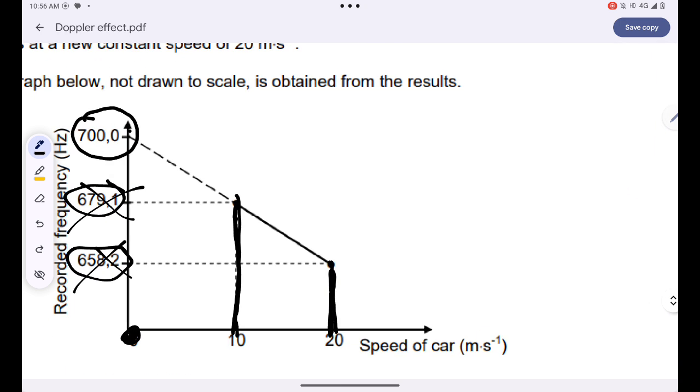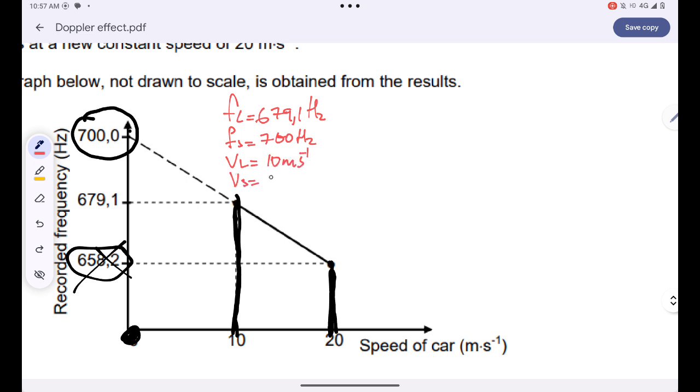The frequency of the listener, the frequency detected, if we use 10 meters per second, we'll simply have 679.1 hertz, and then the frequency of the source is 700 hertz. The velocity of the listener, that's 10 meters per second.